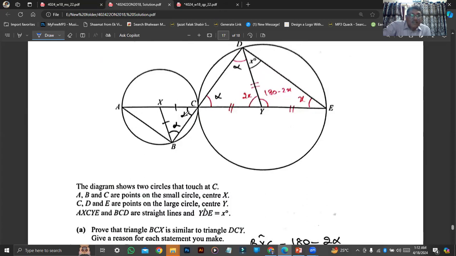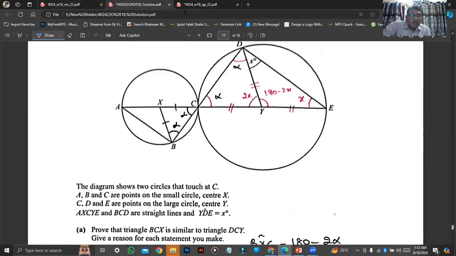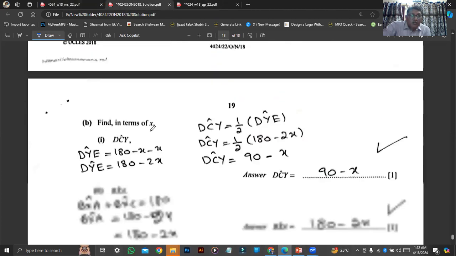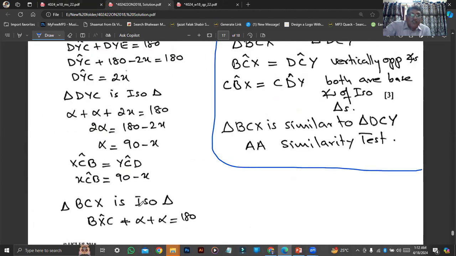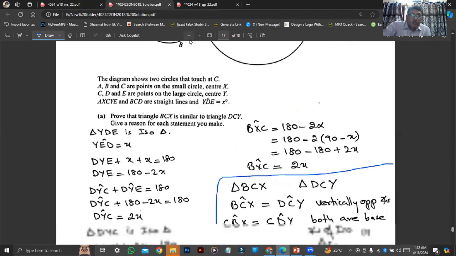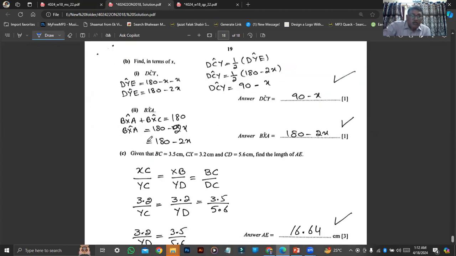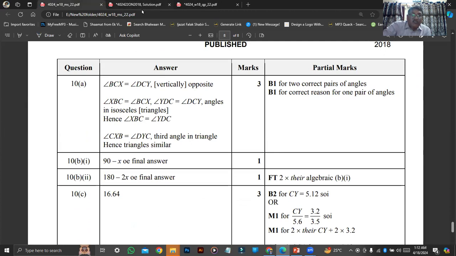BXC is 2x. You can see I have just calculated here. If you want to know, I have done this calculation also. And you can see from here, BXC is 2x actually. So it is 180 minus 2x, a little tricky question.